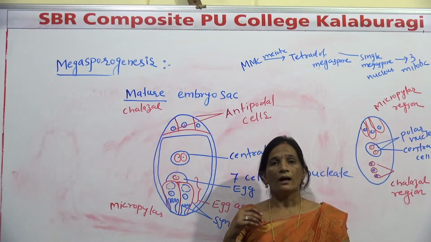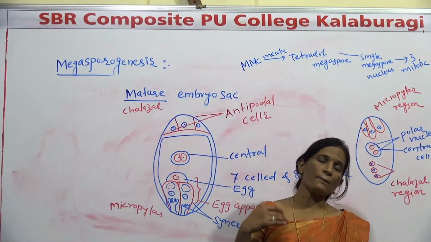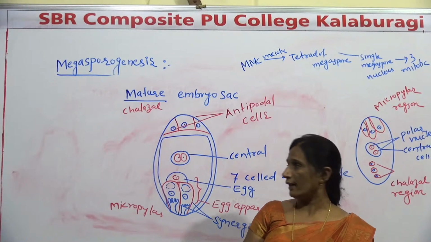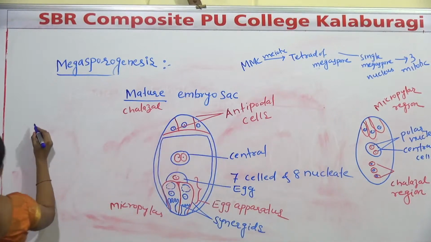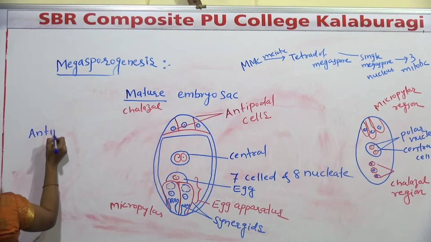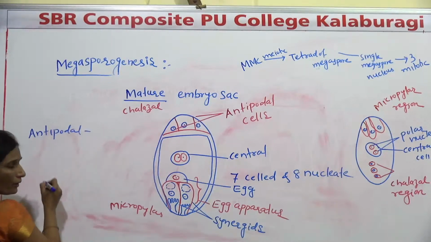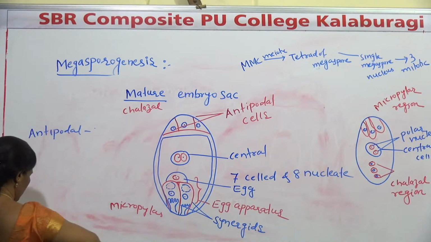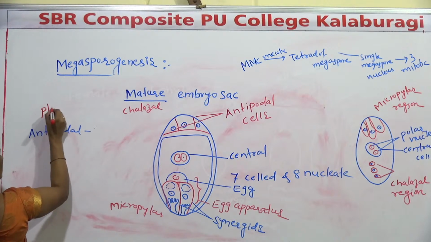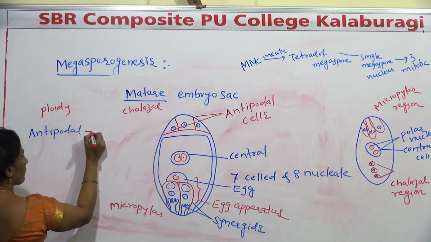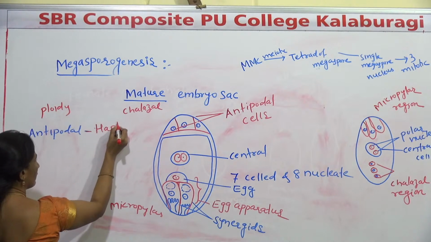Here, a very important question: what is the ploidy of the antipodal cell? Haploid. The ploidy of the antipodal cell is haploid.